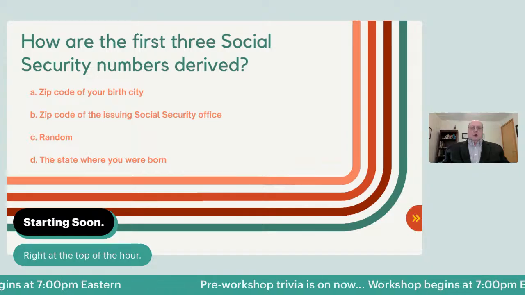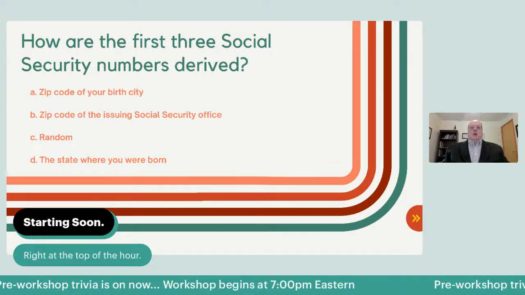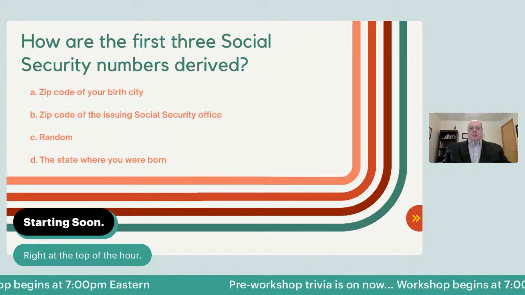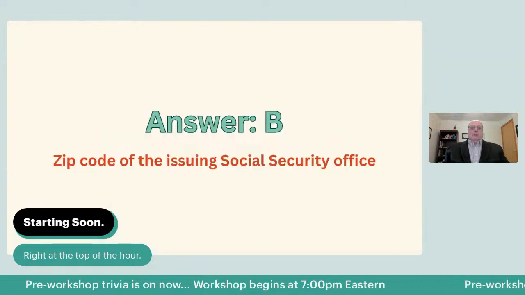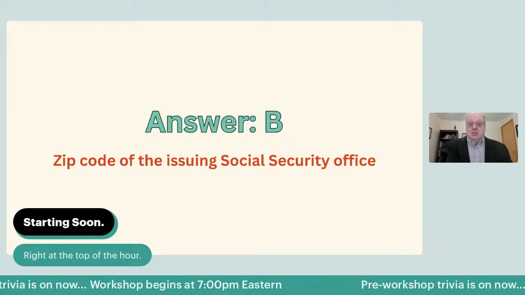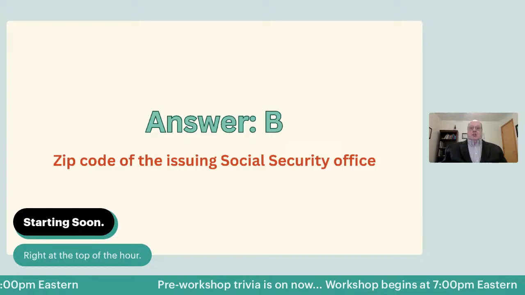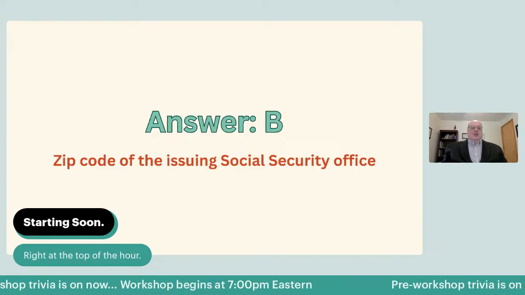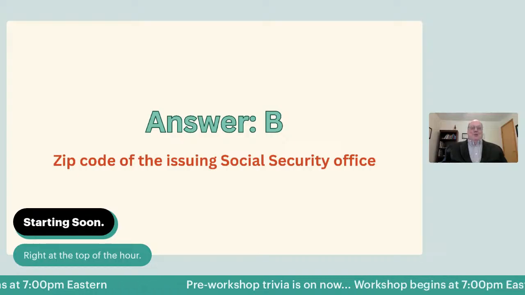We'll do a quick drum roll. Give you 5 seconds here to throw in your answer before we show. All right, here we go. The answer is B. It represents the zip code of the issuing Social Security office. So if you're a similar age to me, 48201. Regina says 48201.